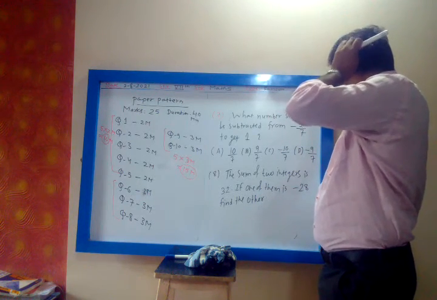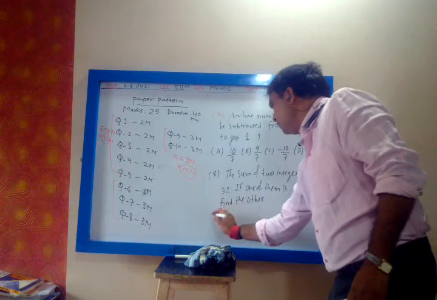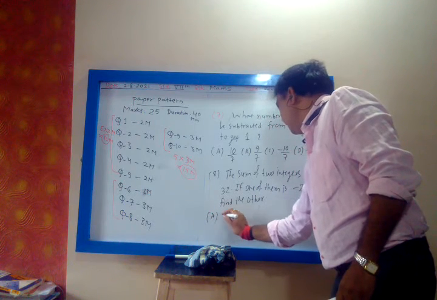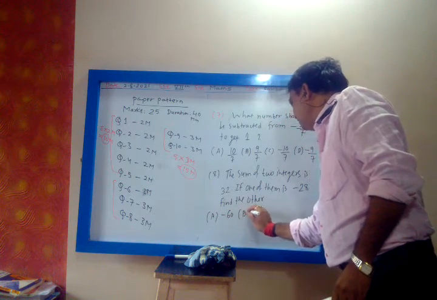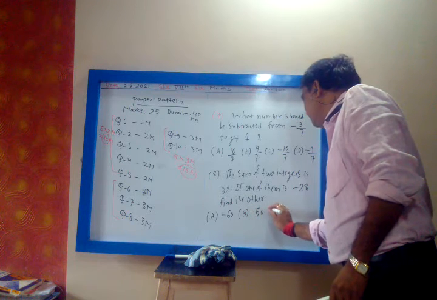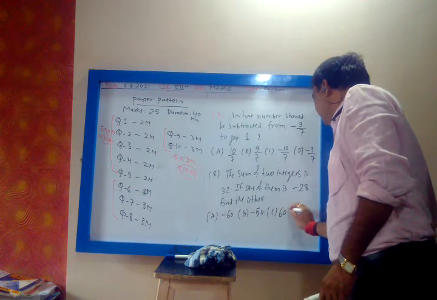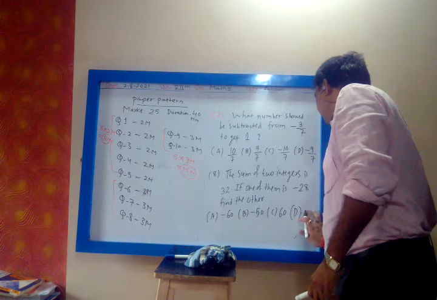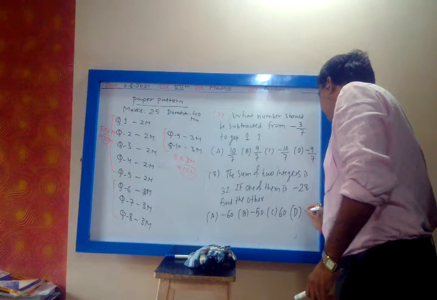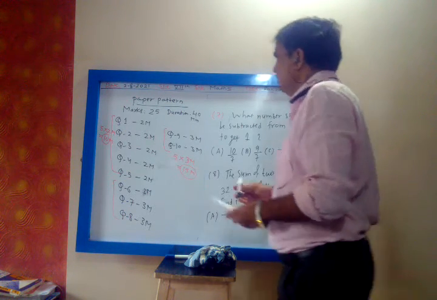If one of them is minus 28, find the other. Option A is minus 60, B is minus 50, C is plus 60, D is plus 50. Let's do it.